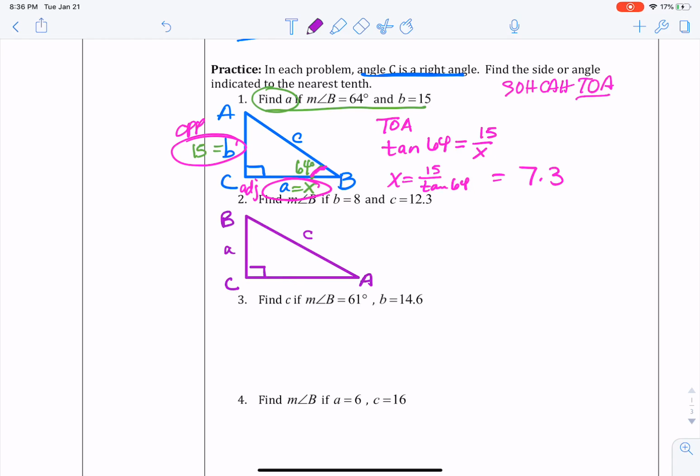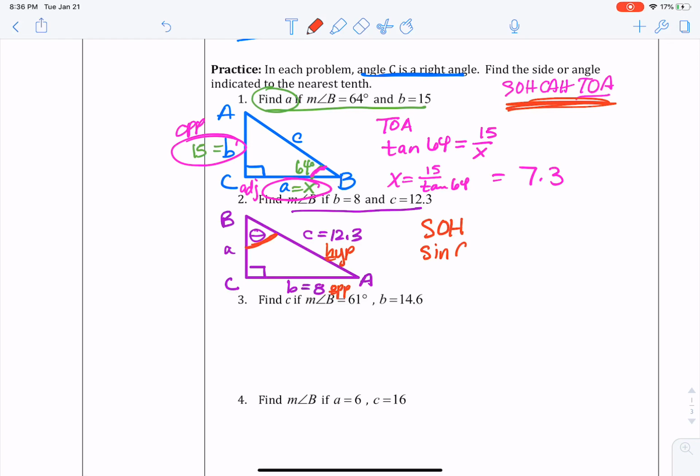A, C, B. But this time, this is a theta. Means I don't know that. Little b is 8, and C is 12.3. So for this angle, B is opposite, and C is the hypotenuse.